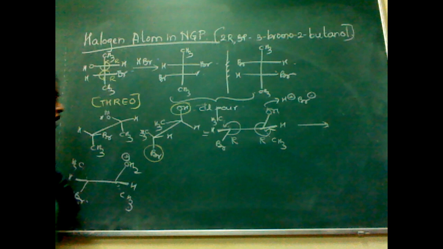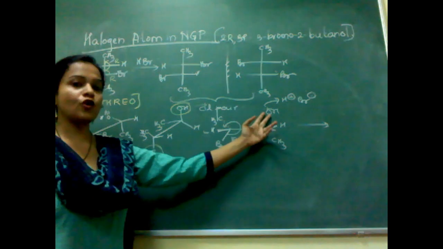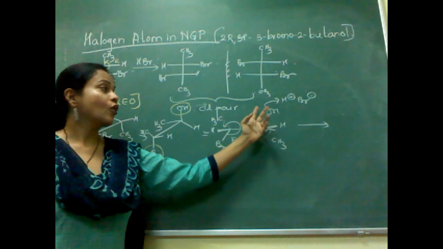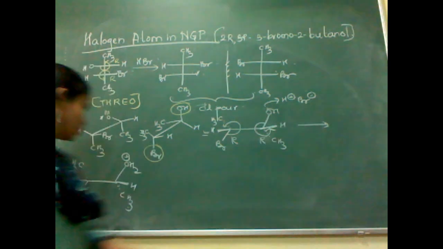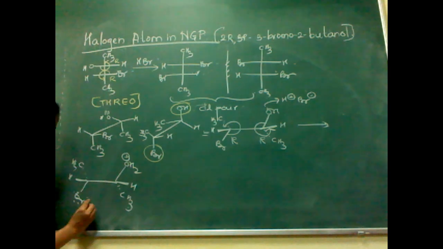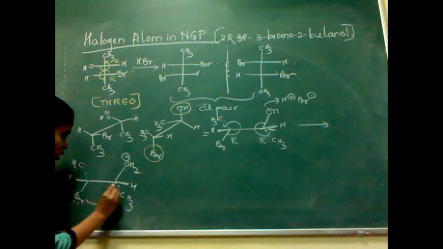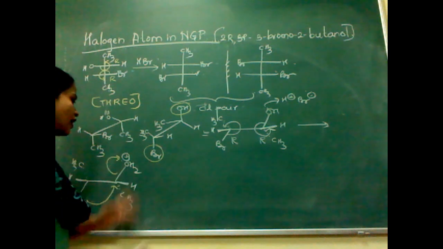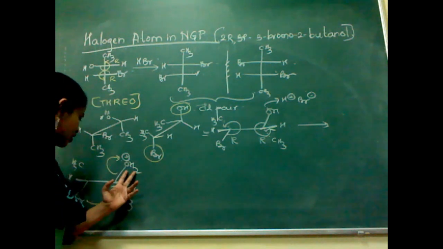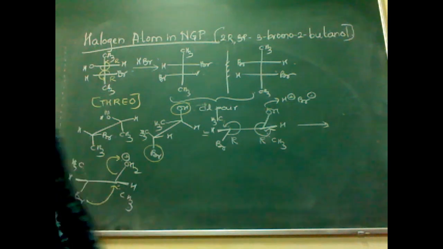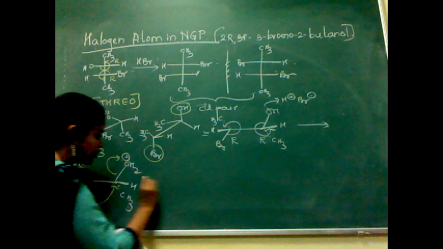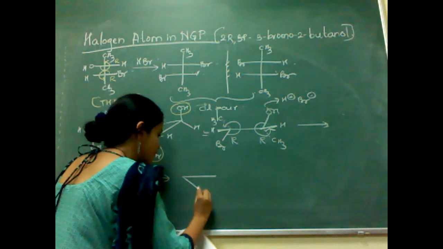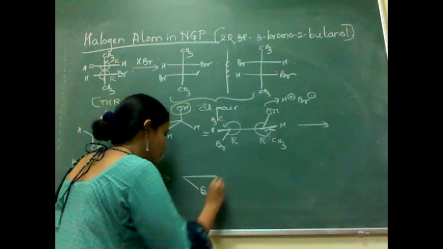The purpose of converting the OH group into the OH2 group is that the OH2 group is a good leaving group, whereas the OH group is not. So that means now the halogen atom which contains the lone pair of electrons helps in knocking off the protonated alcohol as a water molecule, leading to the formation of a bromonium ion intermediate. So you are having the group.